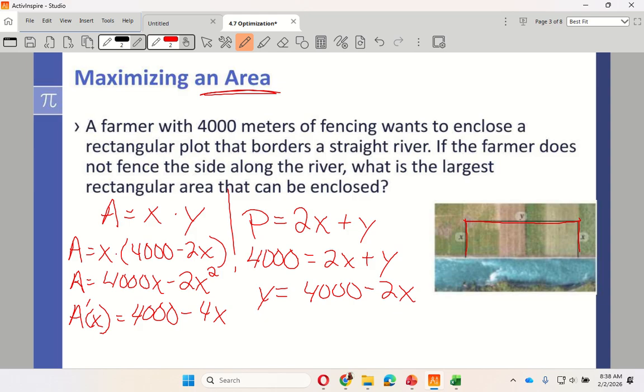Now, the whole point is we know that our derivative has to be equal to 0. So I'm going to set this equal to 0: 0 equals 4,000 minus 4x. Do a little bit of algebra, subtracting 4,000 from both sides and then dividing by 4, and you get x equals 1,000.